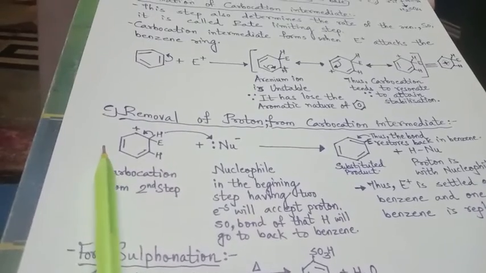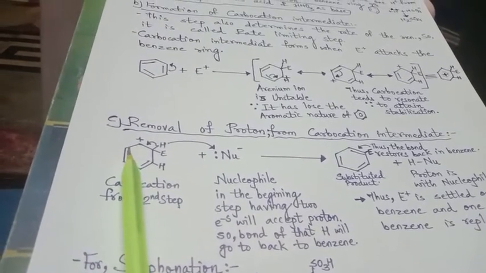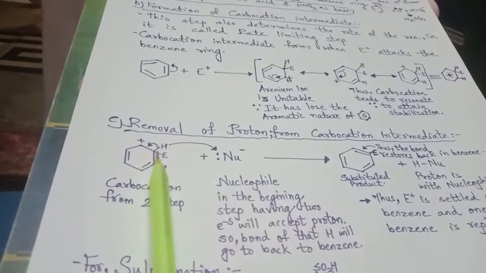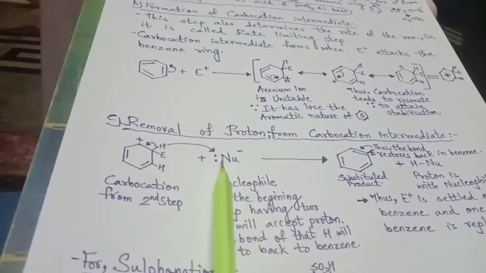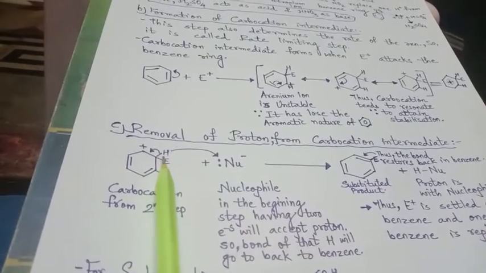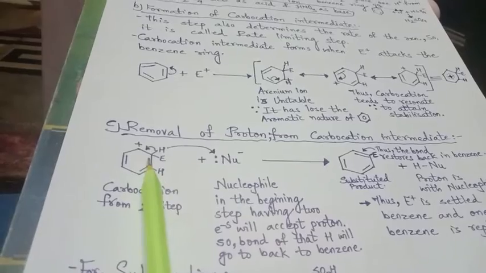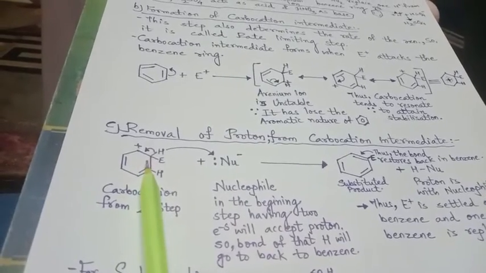So the bond of that H will go back to benzene. When this proton is accepted by the nucleophile, this bond will go back to the benzene, and thus benzene will restore its third bond.